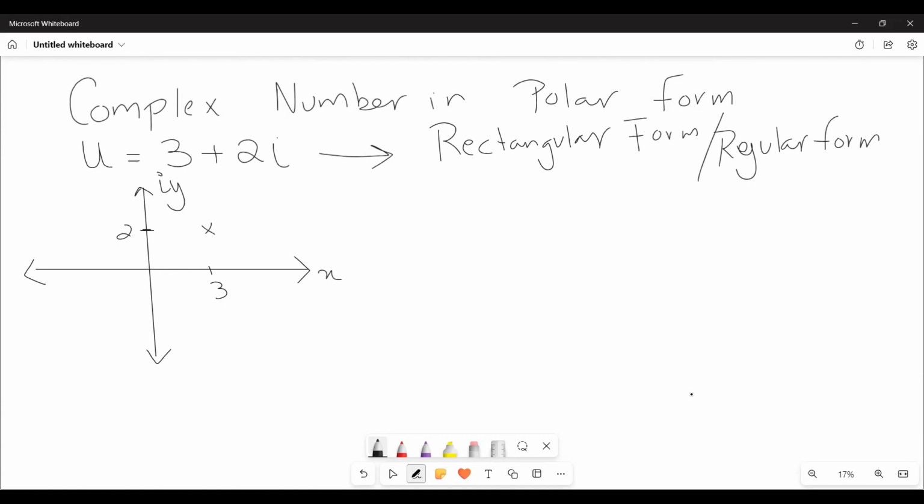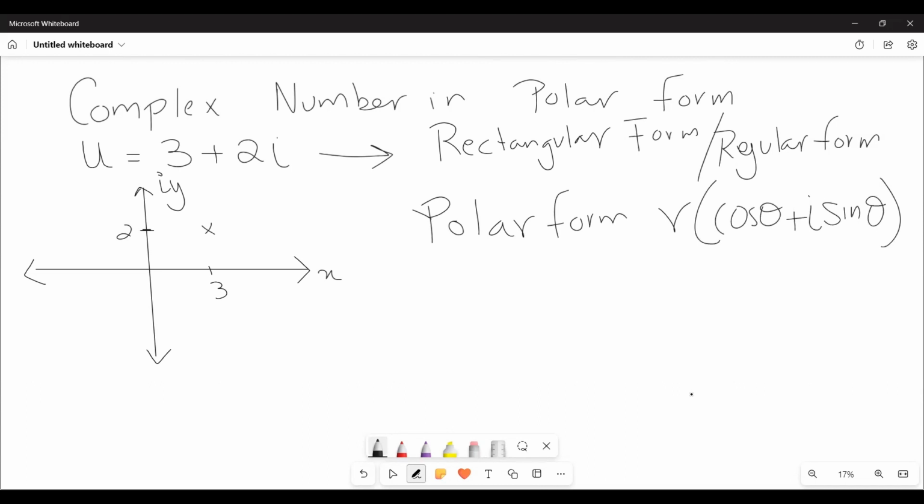Polar form is, you have to change this into this form: R cos theta plus iota sine theta. This is called polar form.